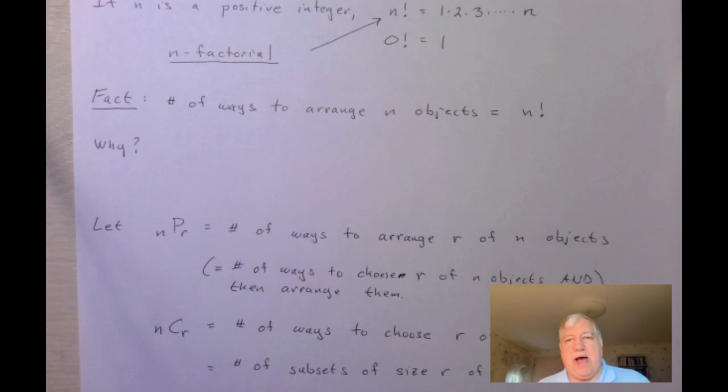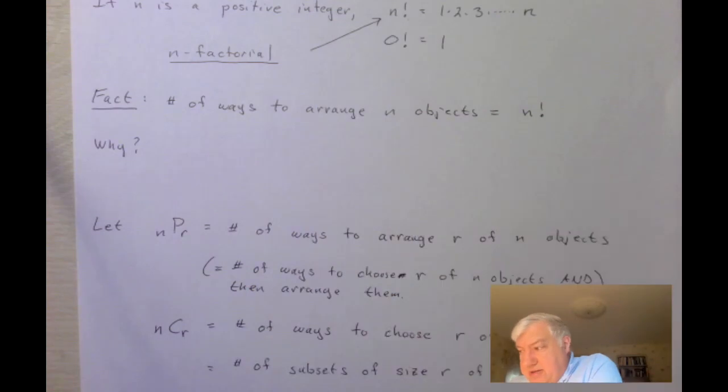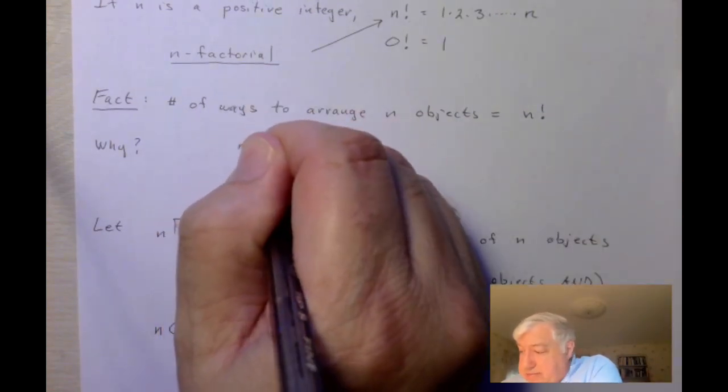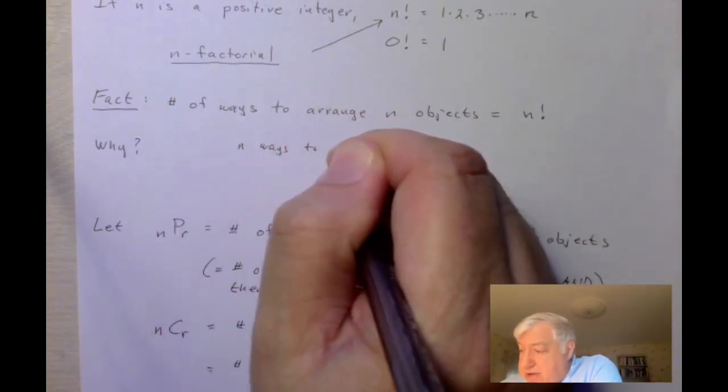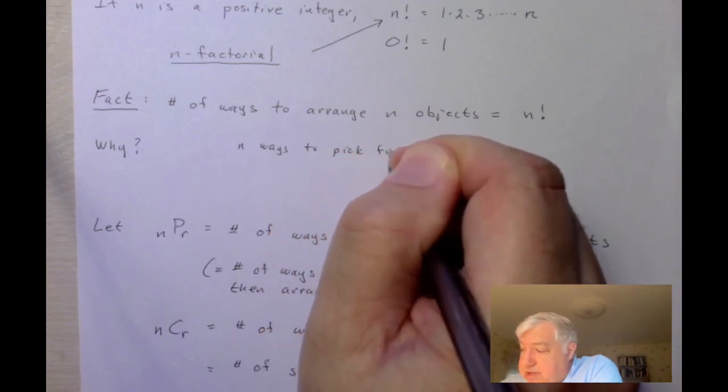And the reason for that is we're using the general multiplication principle, where to do n tasks in succession, we first count the number of ways to do the first task, then count the number of ways to do the second, and so on, and then multiply them together. So to arrange them, we first pick the first object, and there are n ways to pick the first object.